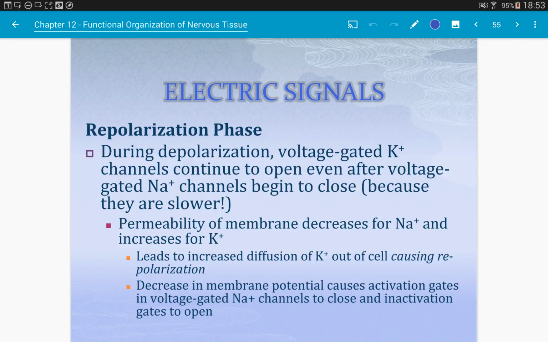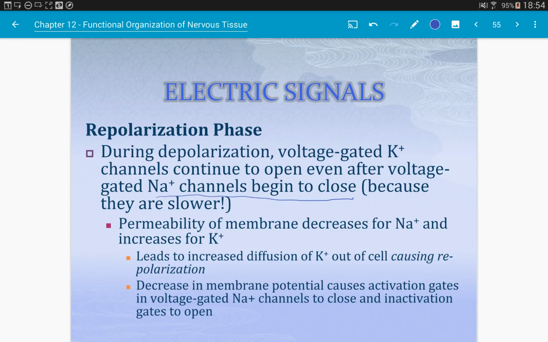Okay, so repolarization. This is what I was just mentioning, where those sodium channels begin to close. You can see that right here. But those potassium channels are still opening. Just as a reminder, if the channels are closed, there is no permeability to a particular ion.